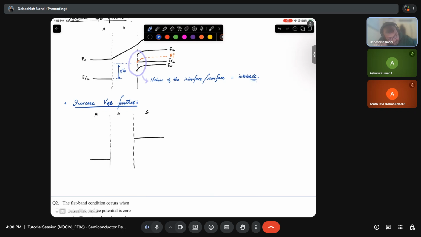This is QVGB, and now I have drawn it larger. That is what is meant by increasing QVGB. The Fermi levels EFM and EFS are getting further apart. This is your EFM, this is your EFS, this is your EV, this is EC.